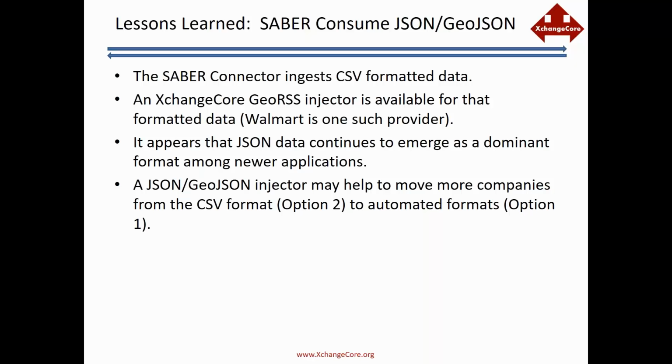JSON continues to emerge as a dominant format among newer internet applications. And a lesson learned coming out of this is that a GeoJSON injector for XchangeCore may move more companies into SABER, using an automated format with GeoJSON, than those who have to do the spreadsheet and do that quick win option too. So that's another thing that we all want to take a look at.